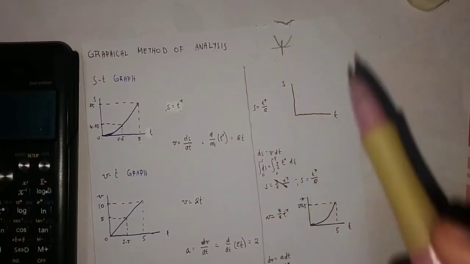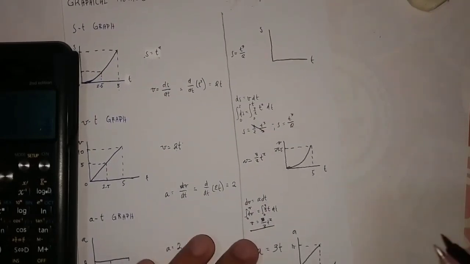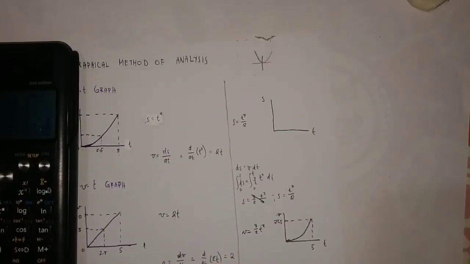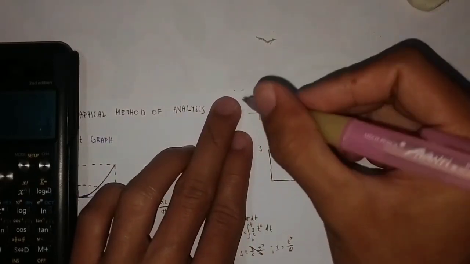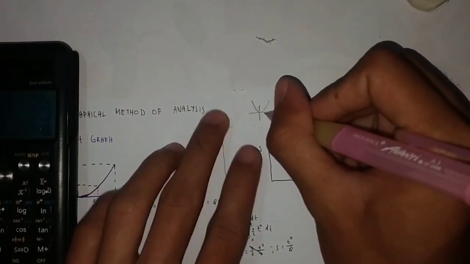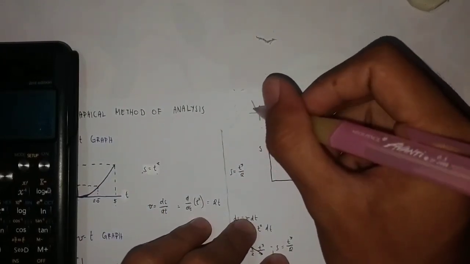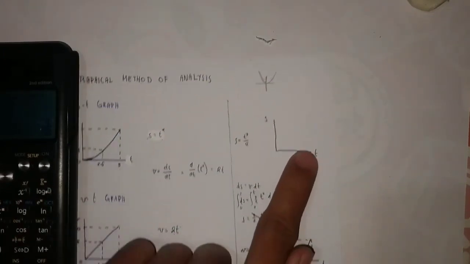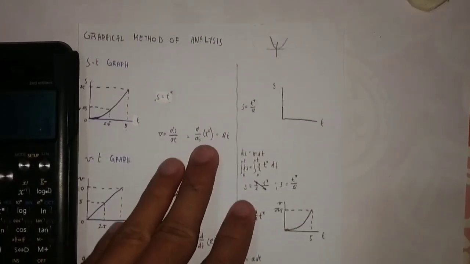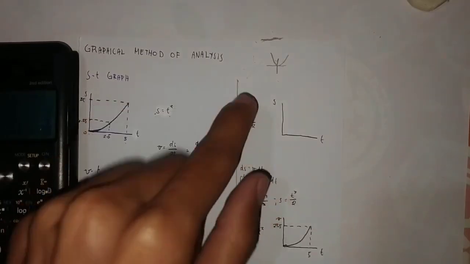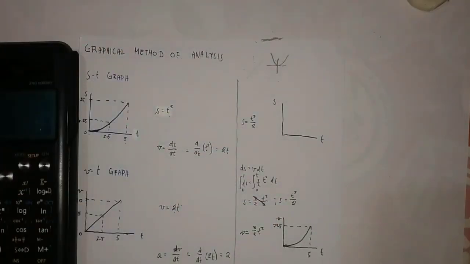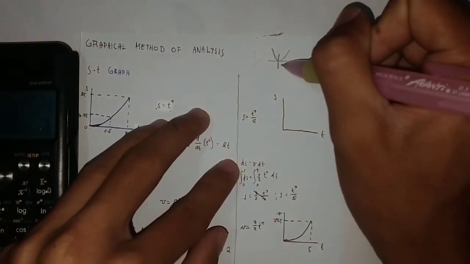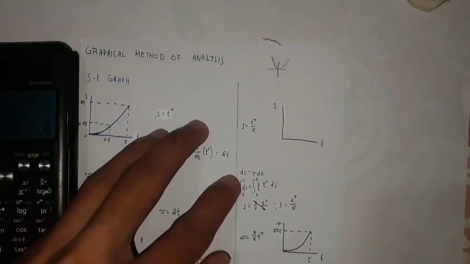It's only here. That's because in our graphical method of analysis, we don't use all 4 quadrants of the Cartesian plane. We only use quadrant 1 and quadrant 4, since quadrant 3 and quadrant 2 have a negative x-axis. Our x-axis is always t, so time can never be negative. However, velocity, acceleration and also displacement can be negative, so we can also use our 4th quadrant.